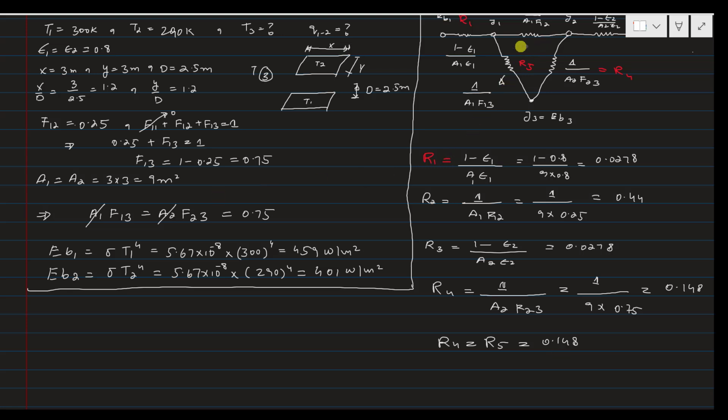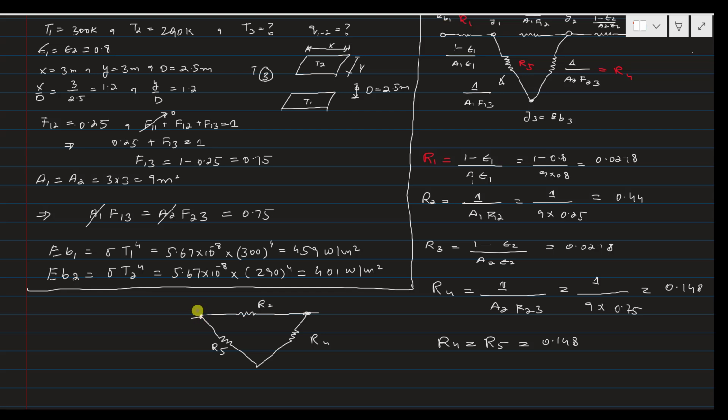Now consider the resistances in this triangle. First we will focus on the resistances that are in triangle shape, and we will find the equivalent resistance, and that equivalent resistance will be in series with R1 and R3. Look here, we have picked the resistances that are in triangle shape.